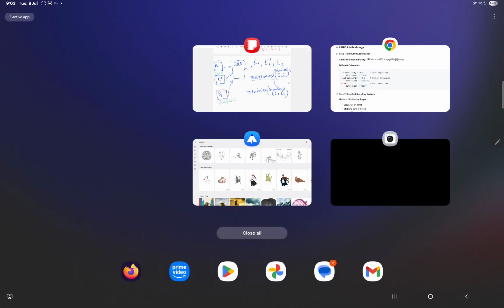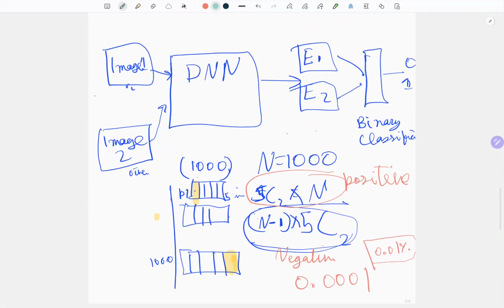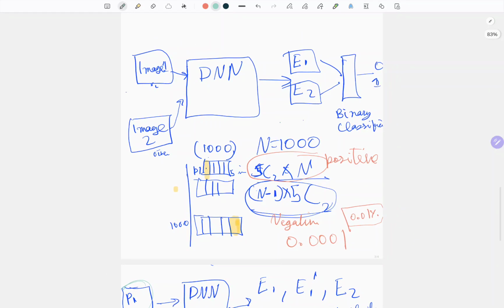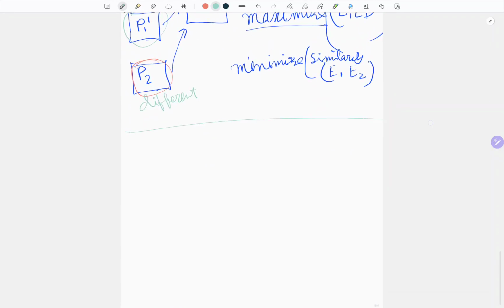For example, in our initial image, suppose these pairs have very high similarity, but these are for different persons, we can see. So we would filter out such pairs, and this would be like a for loop.